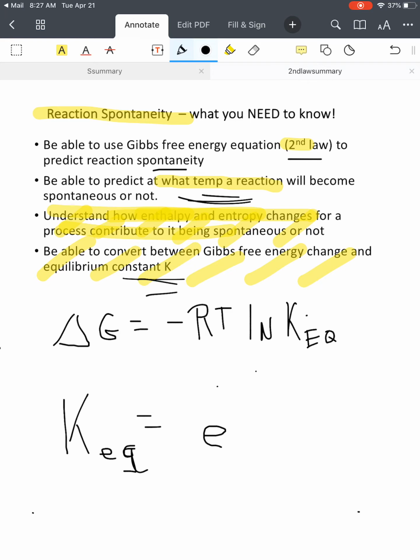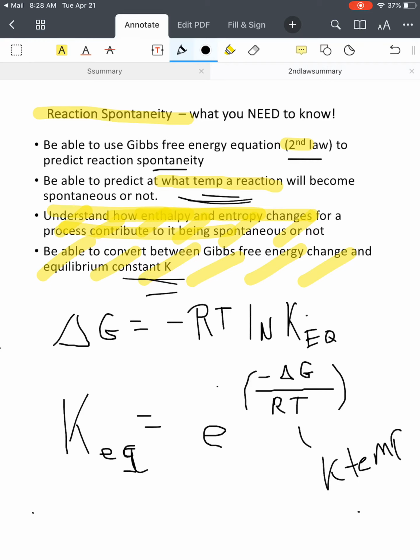It's just a number, about 2.71. You'll usually find a button on your calculator for E. It's usually second function ln. But we need to take that number E and raise it to the power negative delta G over RT.